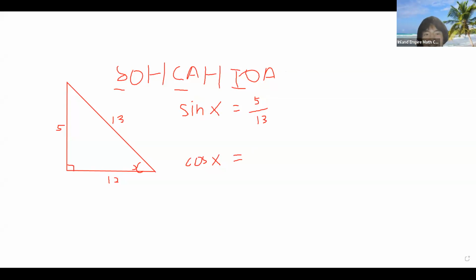We just calculated sine. 12 over 13. Excellent. Exactly. It is exactly 12 over 13. Okay, Joyce. Now let's try tangent. What's tangent of x, Joyce? Remember TOA, opposite over adjacent. Just remember SOHCAHTOA, you'll be good for trig.